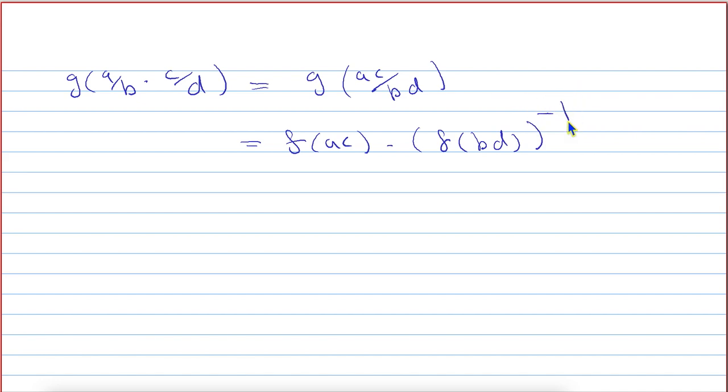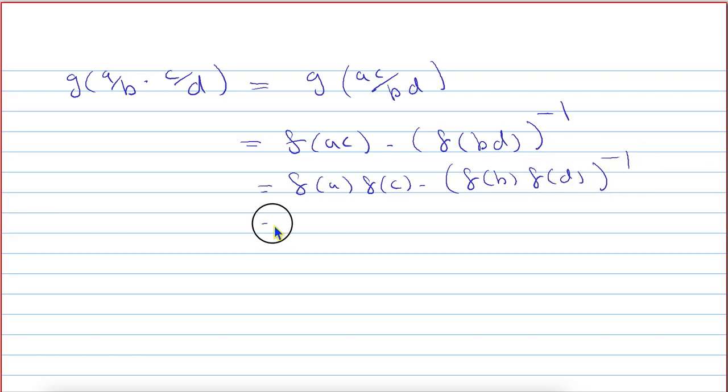Now F is an isomorphism, so we can write this as F of A into F of C, into F of B, F of D, all inverse.